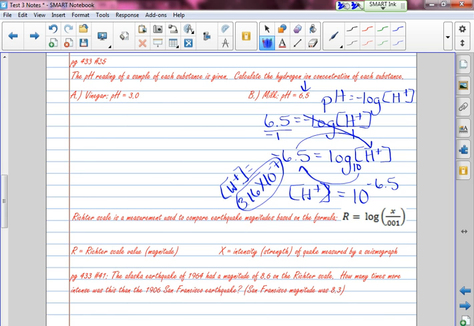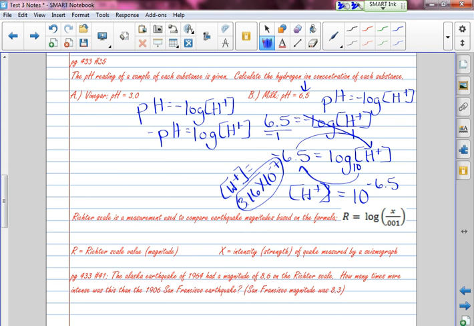Now, this kind of problem is done the same way every time. pH equals negative log of H plus, and you wanted the H plus, so I can get that by itself. All I have to do is divide by negative 1 to get the log by itself. So negative pH equals log of H plus.